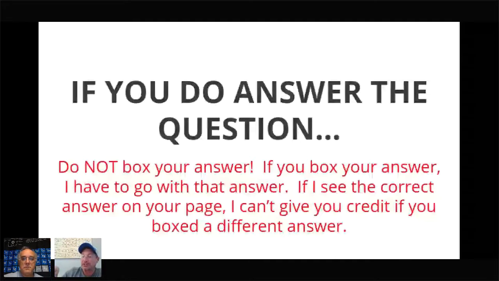But if you box the 20 answer, that is the wrong answer, I have to go with the boxed answer. So I know it's tempting when you're done to box your answer, but I would recommend that you do not do that, unless you know absolutely for certain that that is the correct answer. If you don't box it, I might go looking for the correct answer. Does that make sense?